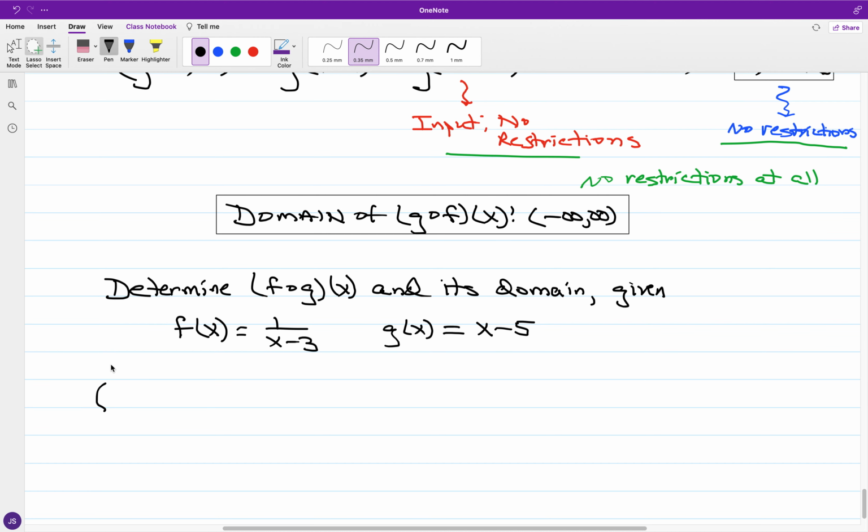So in the case of f composed with g of x, we're looking at f of g of x, and g of x is x minus 5.